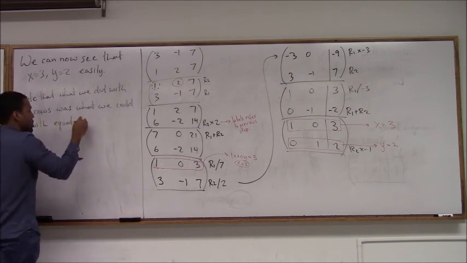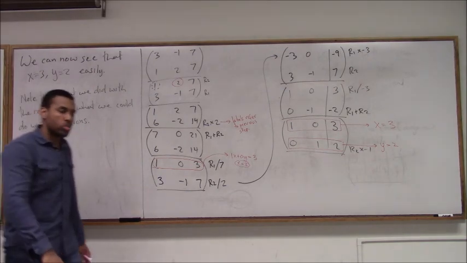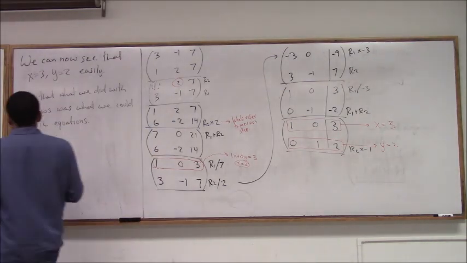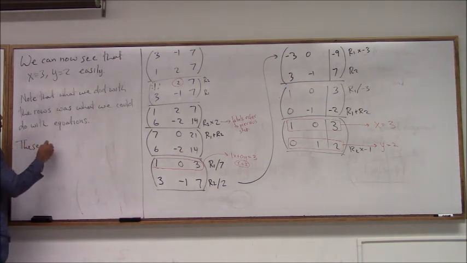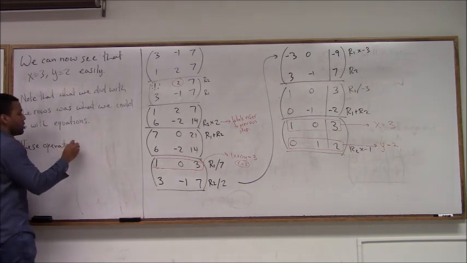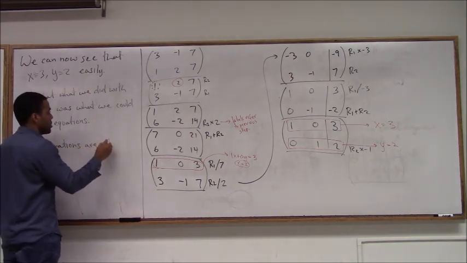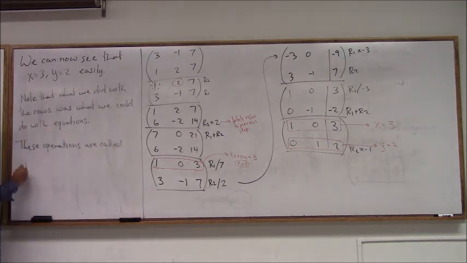Right, so the operations that we could do on equations, we could do with each row of our augmented matrix. And by the way, these operations have a name. They are called row operations.